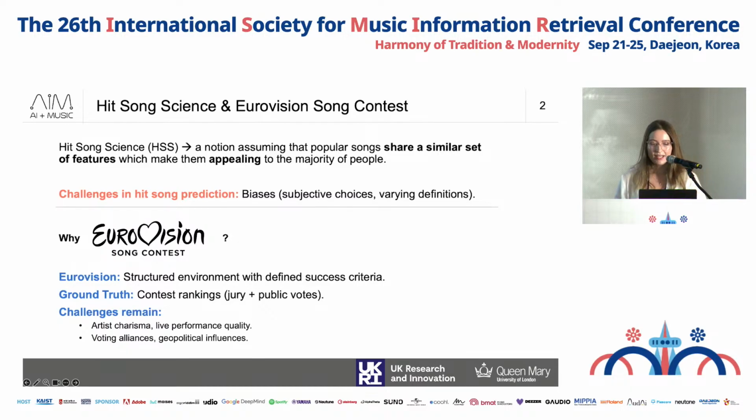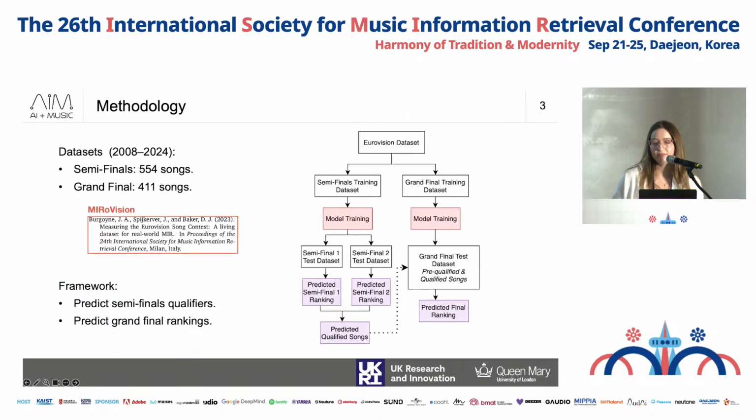But prediction tasks in Hit Song Science often face bias from choices like which songs are studied or how popularity is defined. Eurovision, one of the world's most watched song contests, offers a unique controlled test case. With a specific list of songs and clear success metrics from jury and public, it helps minimize these common biases.